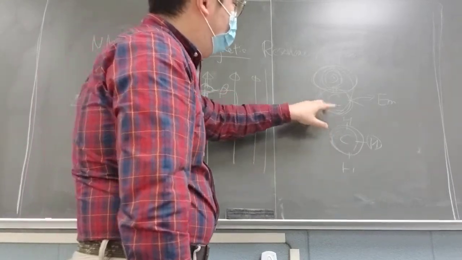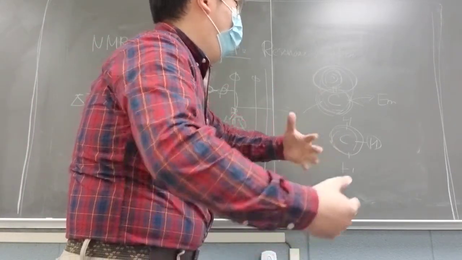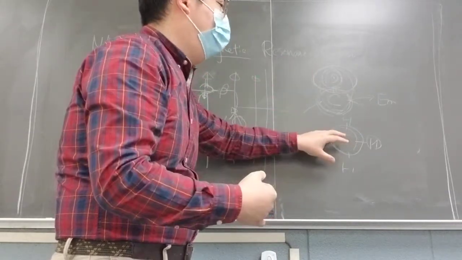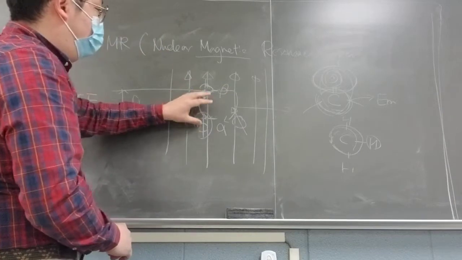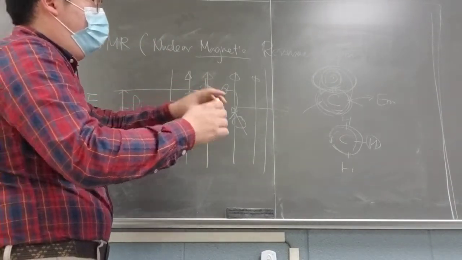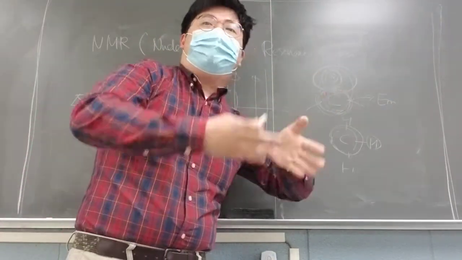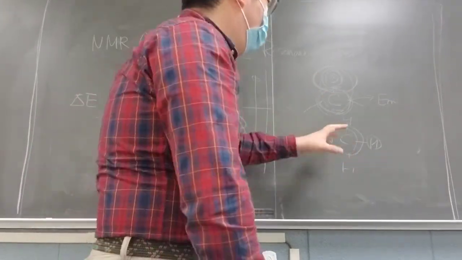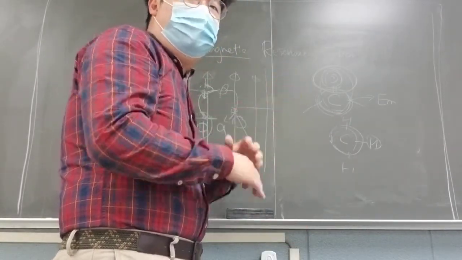So compare these two: this one is less shielded by electrons, but this one has more electrons around it. That makes a different gap and energy level, because the electron density will interfere with the external magnetic field. So if it's more shielded, you need a stronger magnetic field to get to the resonance.